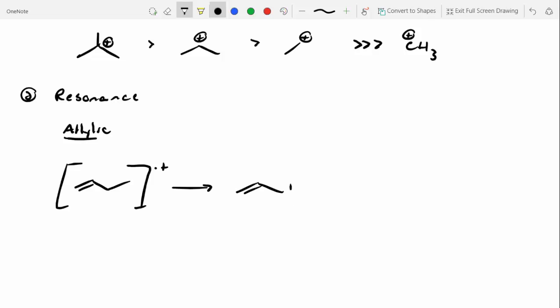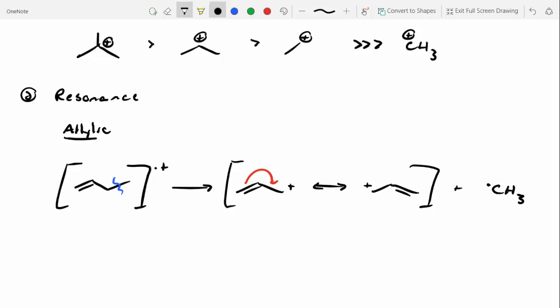If we look at this, we could end up with a cation here. So imagine we're cleaving this bond. And so we've got a carbocation on that carbon where that bond used to be. And why do you think this cation is so stable? Well, we can delocalize those pi bonds around, right? So that positive charge can be delocalized across two carbons, and then we would end up with a methyl radical that popped off.